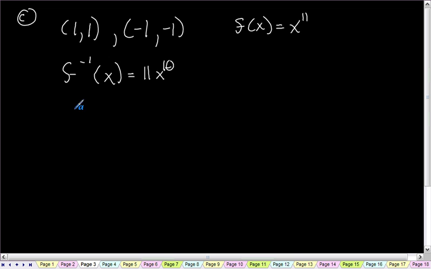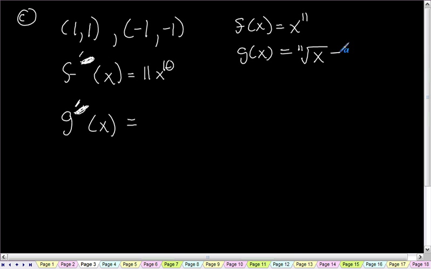And that's our f prime. Our g prime of x: if our function g of x is the 11th root of x, another way to write this is x to the 1 over 11 power.